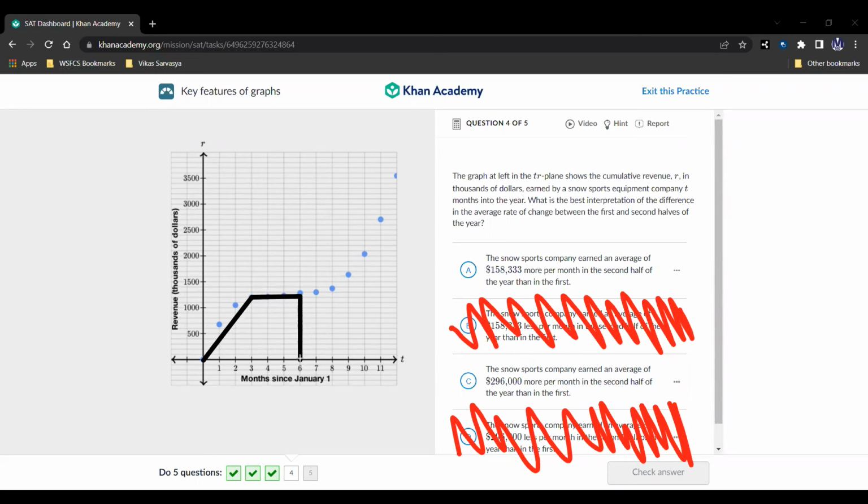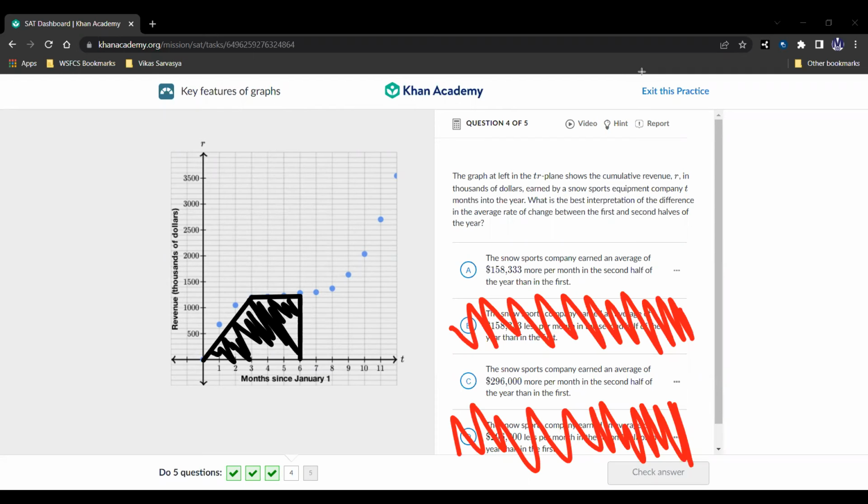If you're not familiar with that term, the area under the curve is like an antiderivative, but if you don't know calculus, it's going to be the total amount of revenue. Since we're given the revenue in thousands of dollars for each month, finding the area under the curve is going to be the total revenue for all those months.